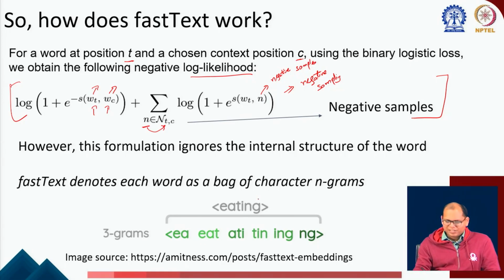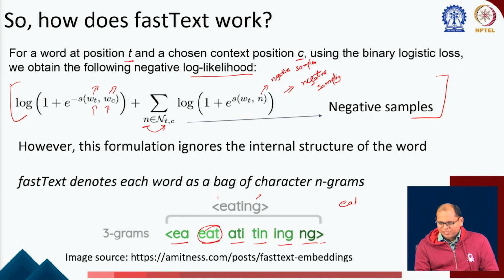So let's say you take the word eating. What is the internal structure? Let's say the character 3-grams. You have the start of token, EA, EAT, ATI, TIN, ING, NG, end of token. This EAT may help in making it similar to, say, eaten, where you will also get the character trigram EAT.